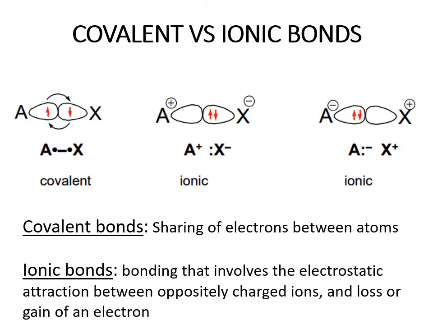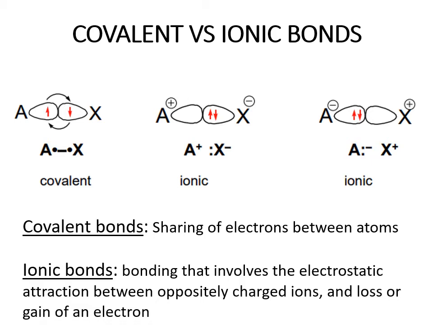Okay, so let's look at a covalent bond versus an ionic bond. So covalent bonds involve the sharing of electrons between atoms, right? They want to complement and fill their outer shells. In the image on the left, that's a covalent bond. They're sharing the electron, which is depicted in red. An ionic bond is the attraction of two atoms because of being oppositely charged, right?